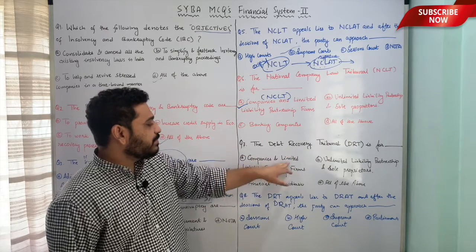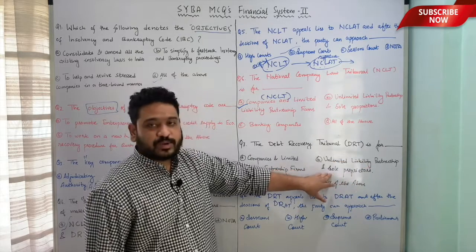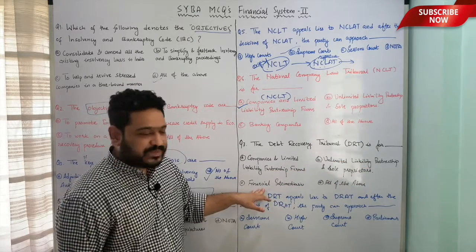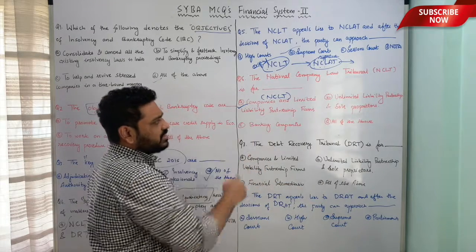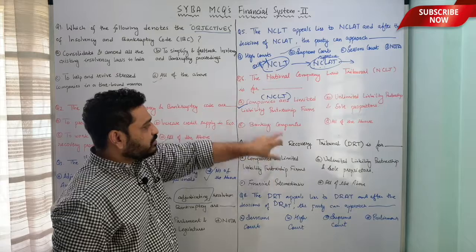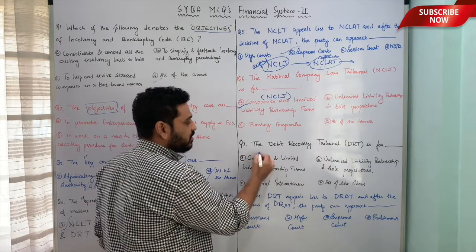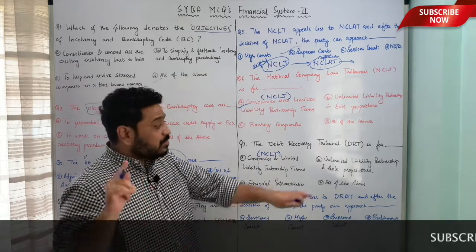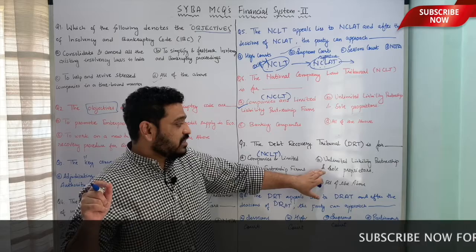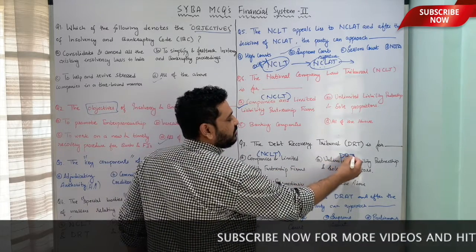A. companies and limited liability partnership firms, B. unlimited liability partnerships and sole proprietors, C. financial intermediaries, and D. all of the above. That means companies and limited liability partnership firms can approach NCLT, the National Company Law Tribunal, but unlimited liability partnerships and sole proprietors are to approach DRT, that is the Debt Recovery Tribunal.